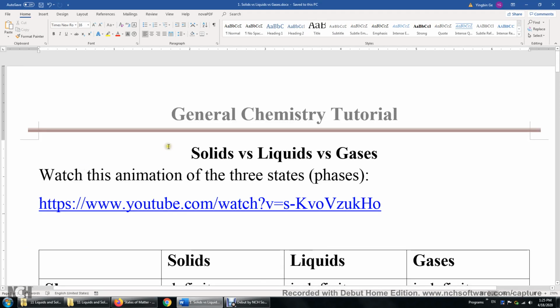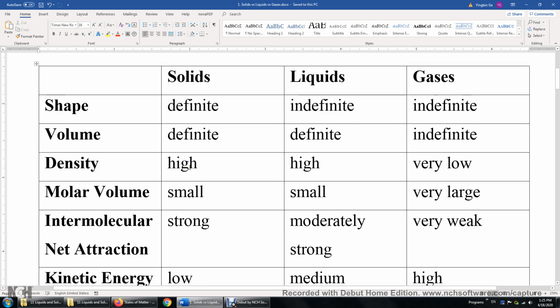Let's get back to this document. In this table, I will compare solids, liquids, and gases qualitatively. First, the shape. Only solids have a definite shape. Now, volume. Both solids and liquids have a definite volume.